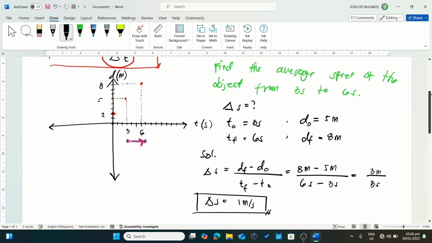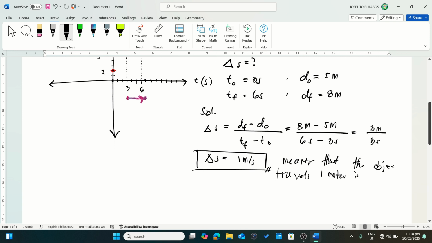So this means that the speed of the object is 1 meter per second, meaning that the object travels 1 meter in every 1 second.